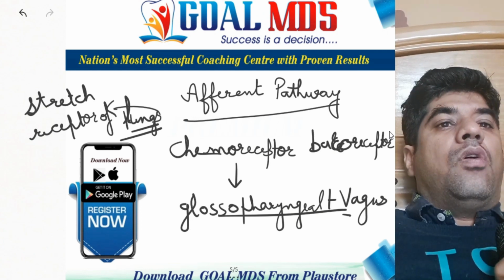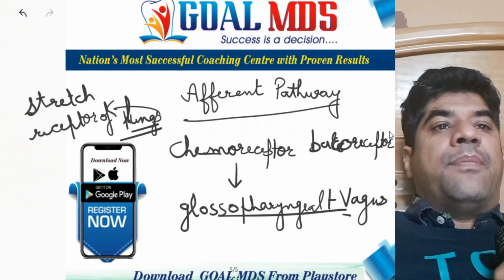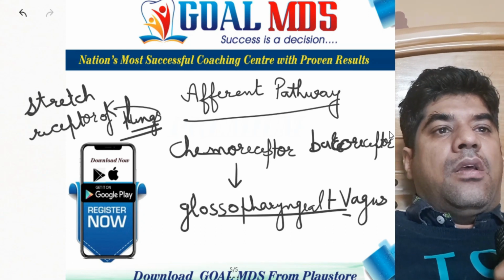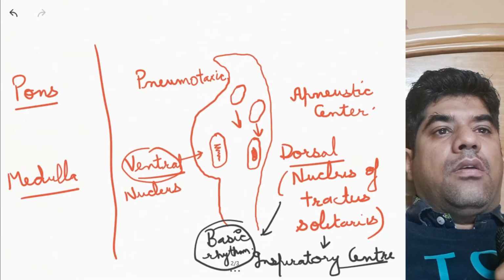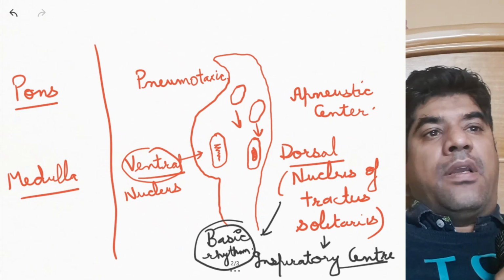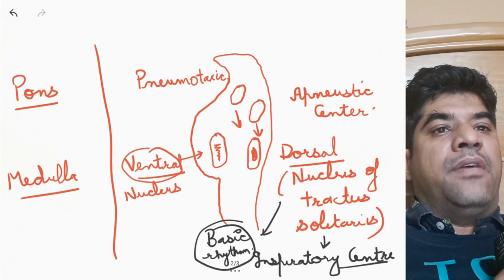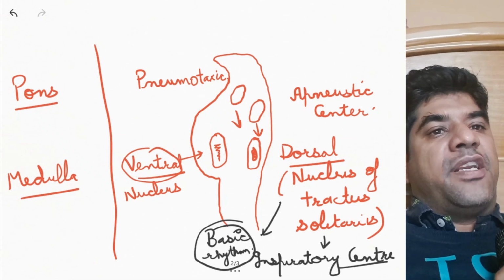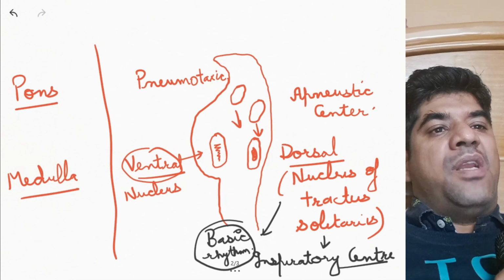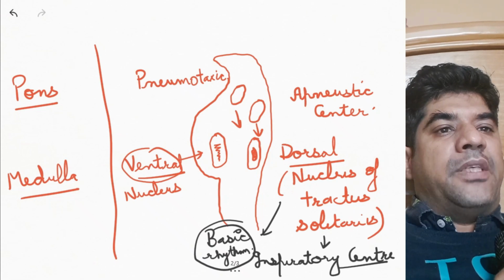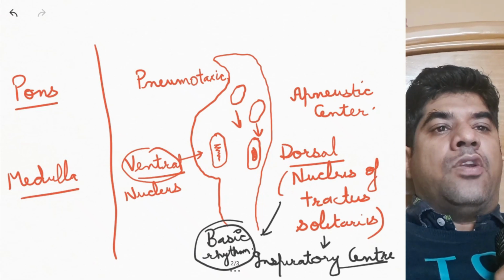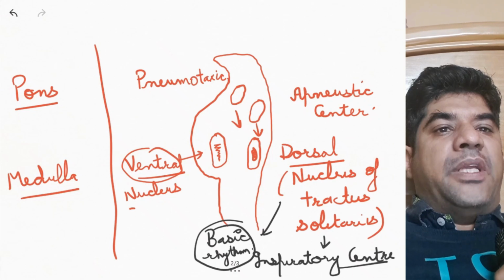Now, what is the role of the medullary centers? In the medullary center, we have two groups of neurons, the dorsal and the ventral. The dorsal respiratory group is responsible for maintaining the normal rhythm of respiration.